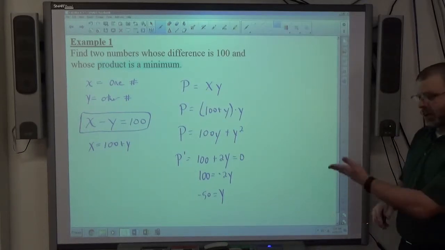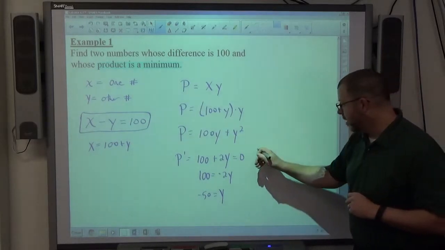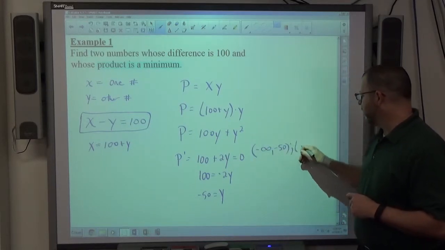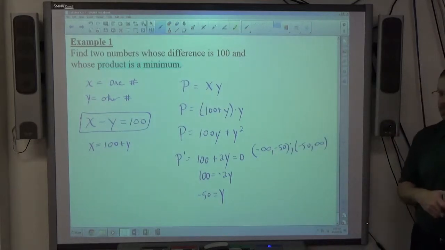That's only one critical number, right? If I verify that's the minimum, if I went from negative infinity to negative 50, and then from negative 50 up to positive infinity, and I established increasing and decreasing intervals, all right?